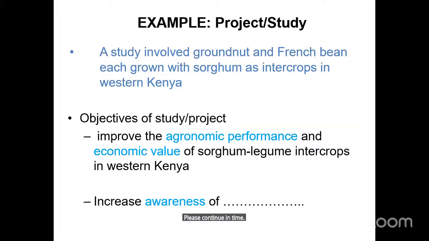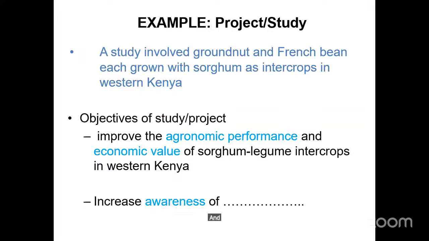Okay, here is an example, but it's more to do with the biological experiment. But as we present and discuss, of course, there will be circumstances that fit other areas or disciplines. So here is a study which involved groundnuts and French beans.